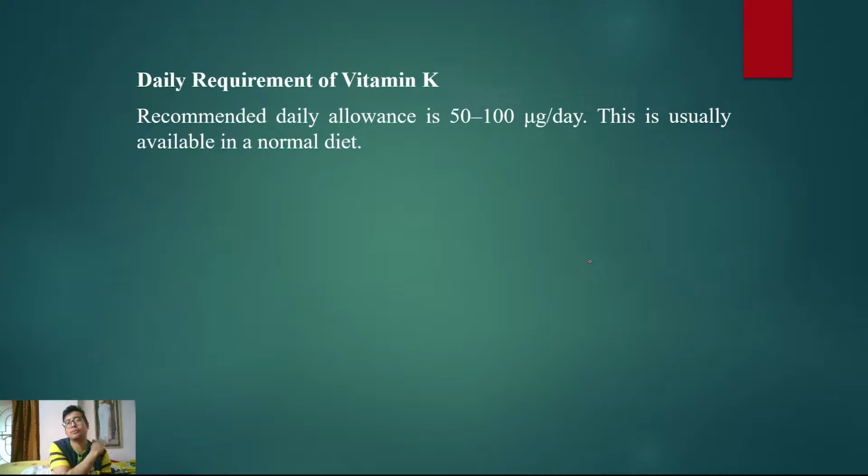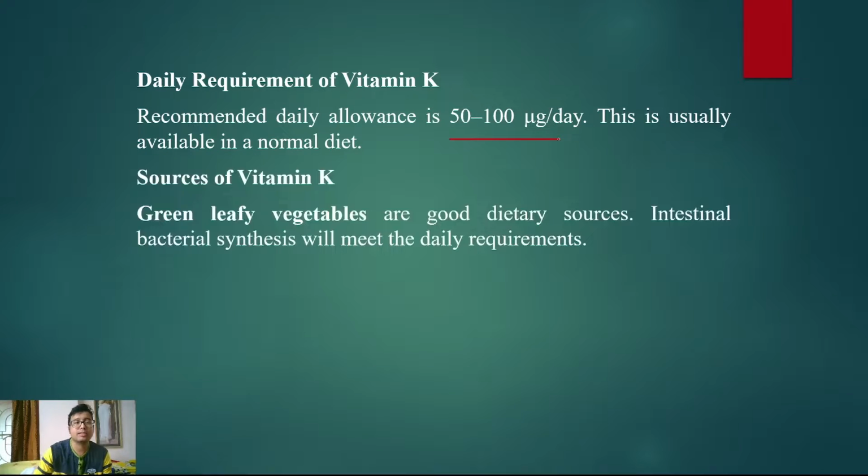So, we come to the last bits and pieces of vitamin K, which we need to know for all vitamins and which we almost tend to forget. Those are the daily requirement of vitamin K, which is 50 to 100 microgram per day, and that is usually available in a normal diet. What are the sources of vitamin K?